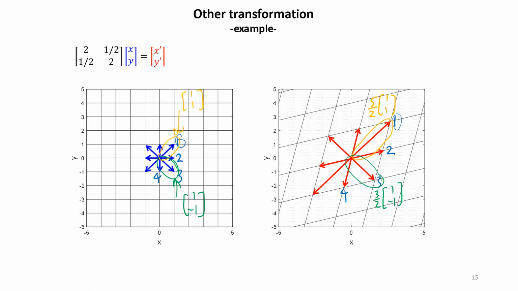And of course, any vectors that are parallel to this line will be eigenvectors. Any vectors parallel to this line will also be eigenvectors, but at the end you just use these two to represent them.